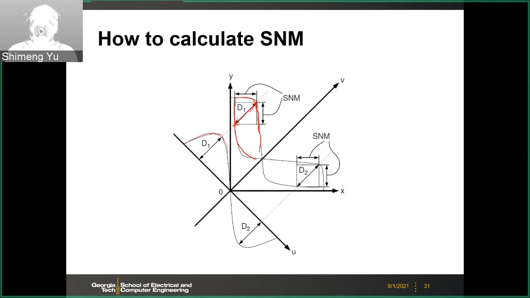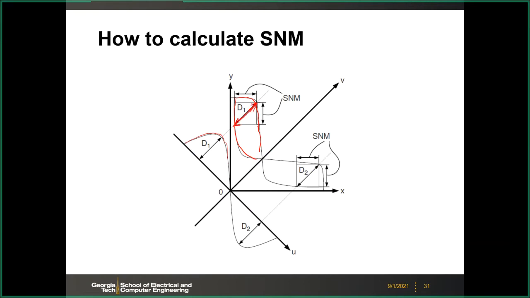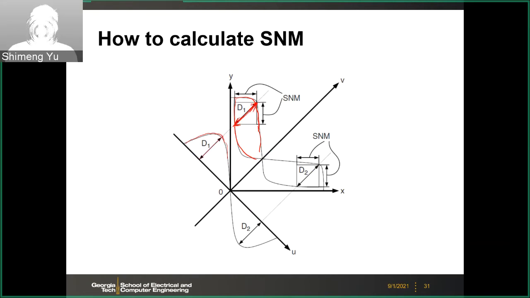This is the difference along this 45-degree line. So you plot this difference, and then you find the maximum here. And then, of course, you need to divide by square root of 2. Then you will get the noise margin, because SNM is defined as here.